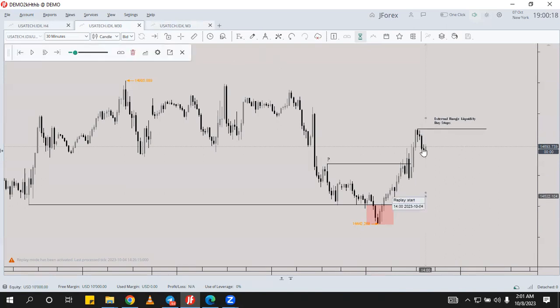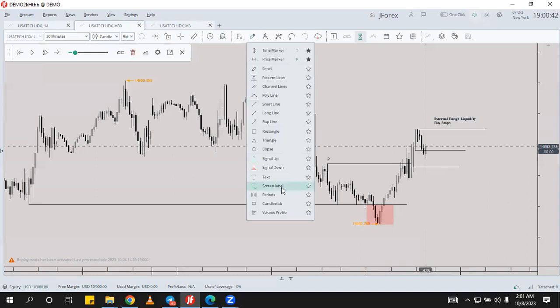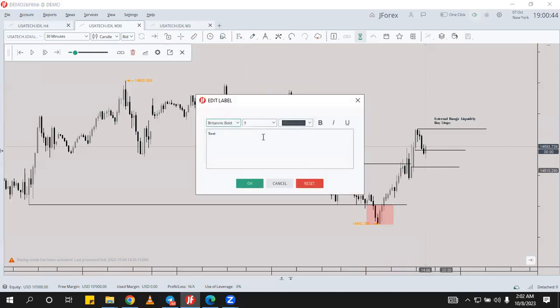So what is happening? Price is retracing to internal range liquidity. So we have internal range liquidity down there. So I'm just going to mark that. So down here we have what we call internal range liquidity.